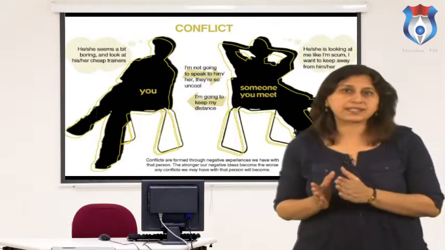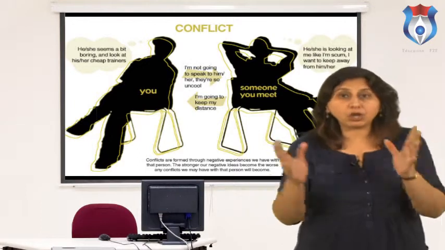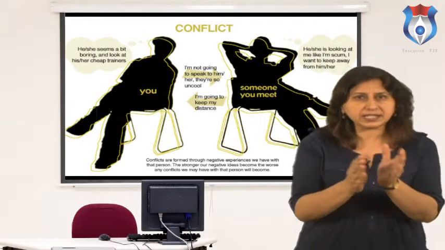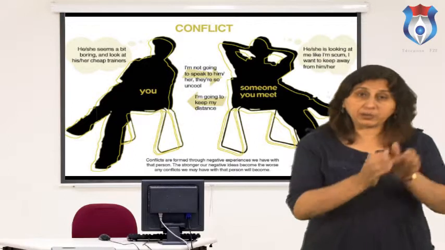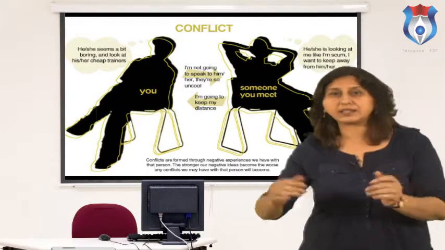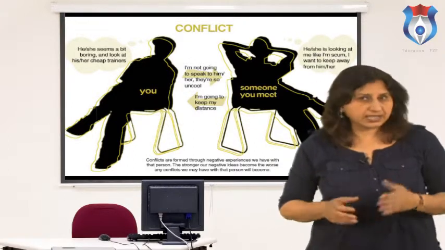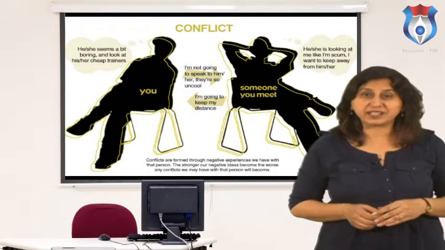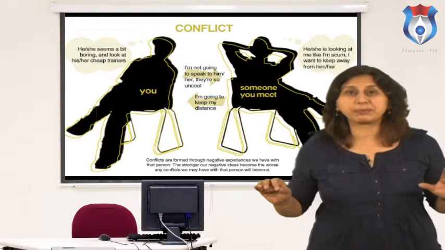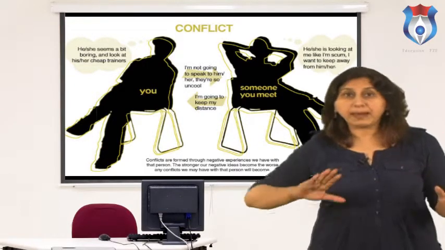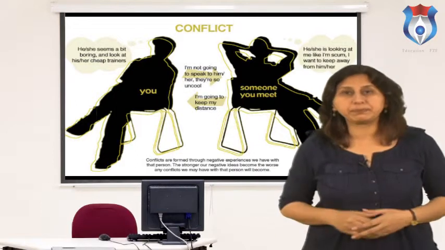It is also necessary that the two parties be locked into some kind of interdependent relationship where what one does affects the other. The simplest way to reduce conflict is to eliminate the relationship by leaving or by refusing to interact with the other party.